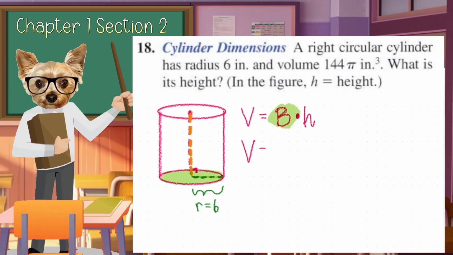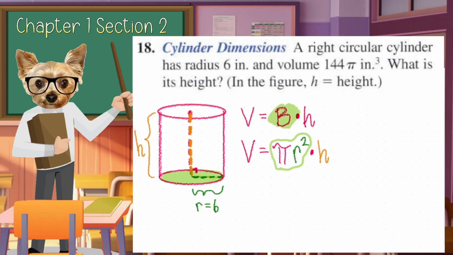So volume equals pi r squared, pi being part of the area of a circle, times height. And that part here is the height right there, right? So now, area of the base, we addressed that. That's what I said was the capital B.